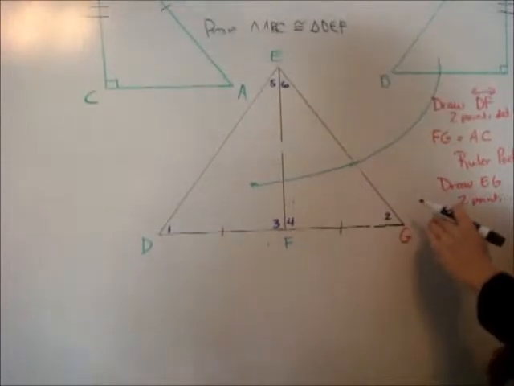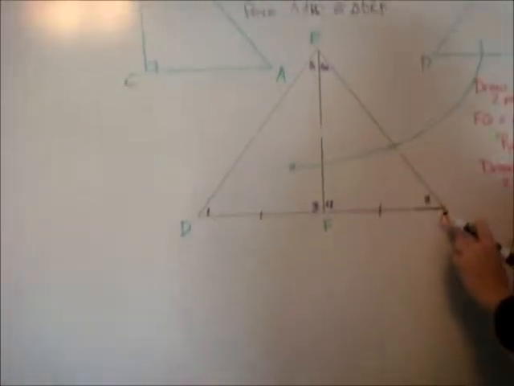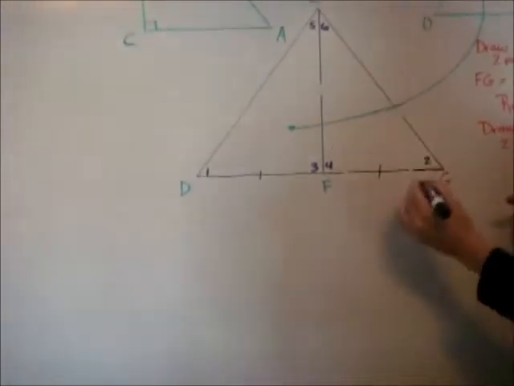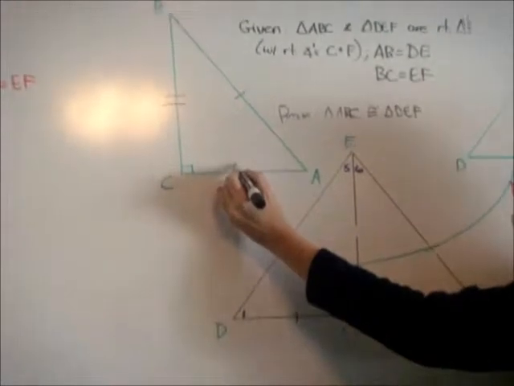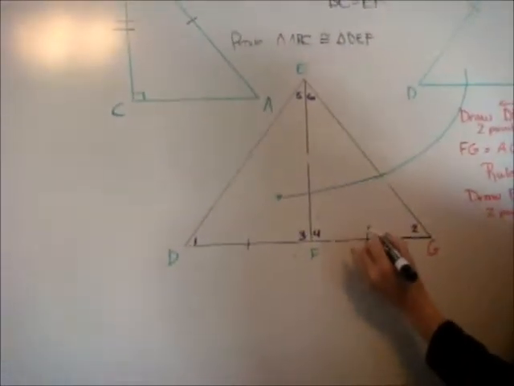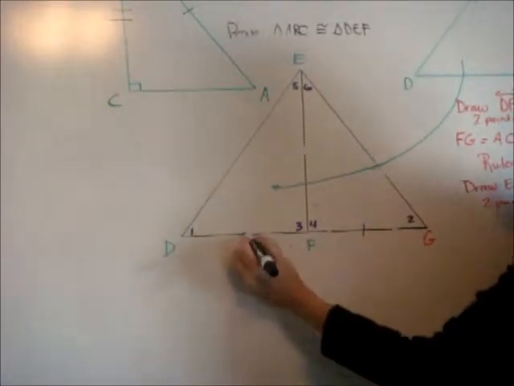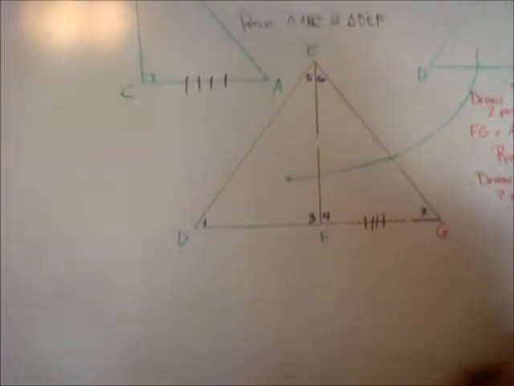So I drew this line, which wasn't in the original drawings, and I labeled this point G, and that's going to be the same length as AC. I better not put a 4 on here, we don't know that yet.